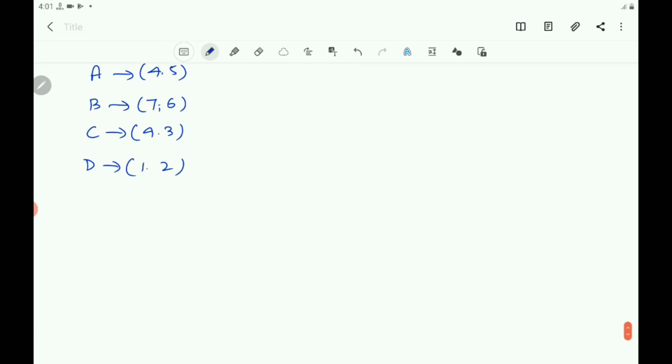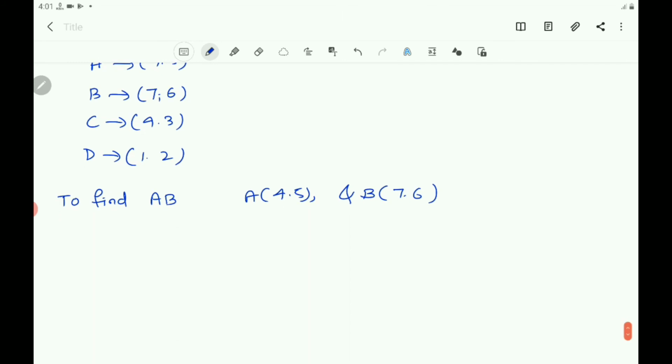To find AB, you take A (4, 5) and B (7, 6). Write the distance formula: AB equals the whole root of (x2 minus x1) whole square plus (y2 minus y1) whole square. Consider x1 y1, x2 y2.